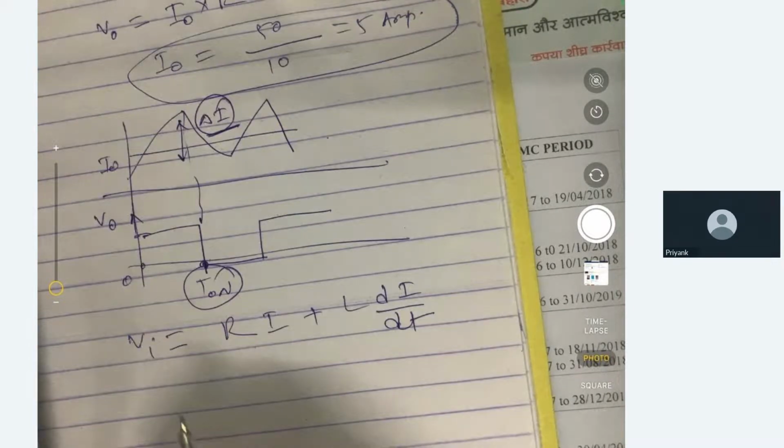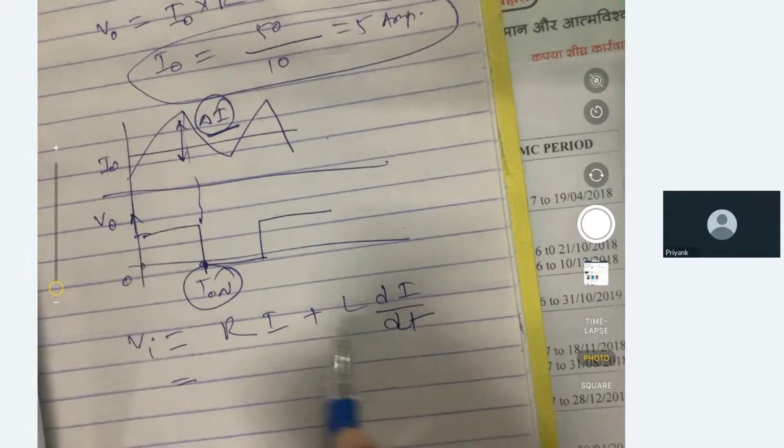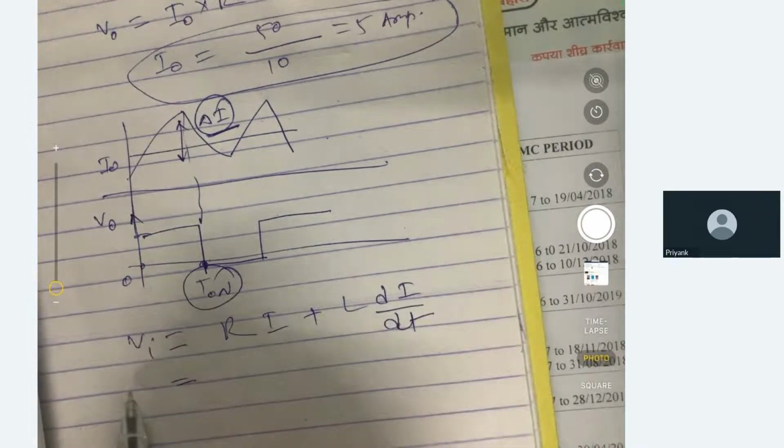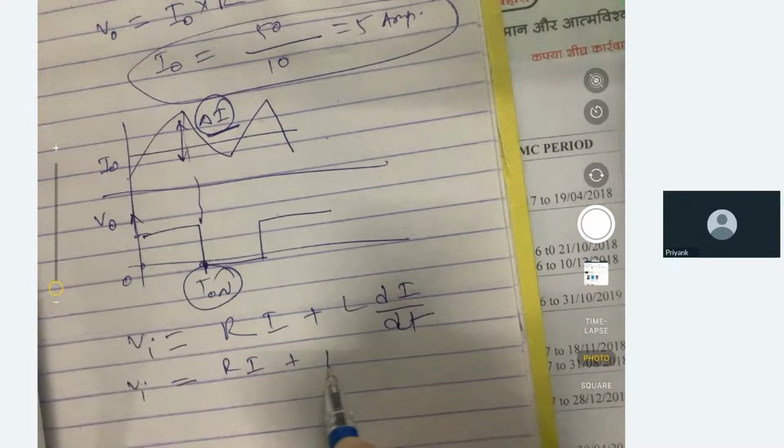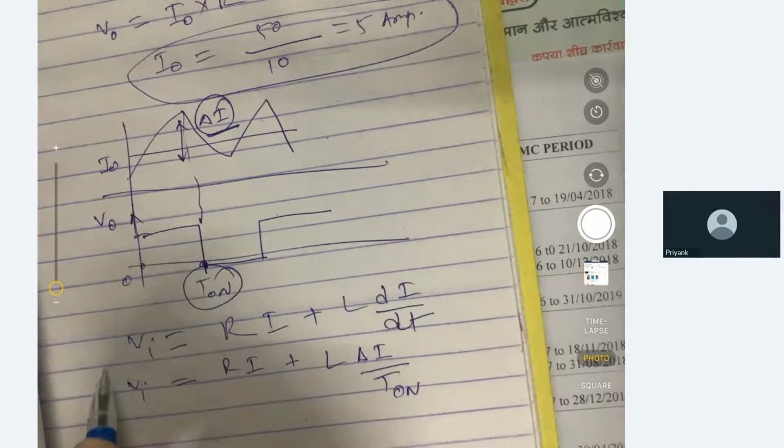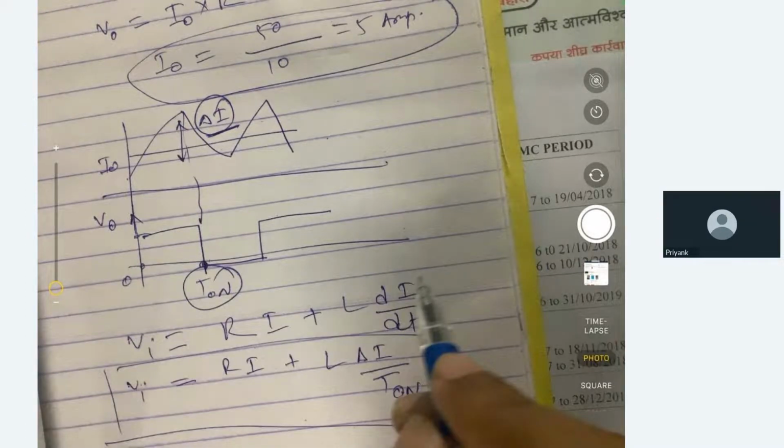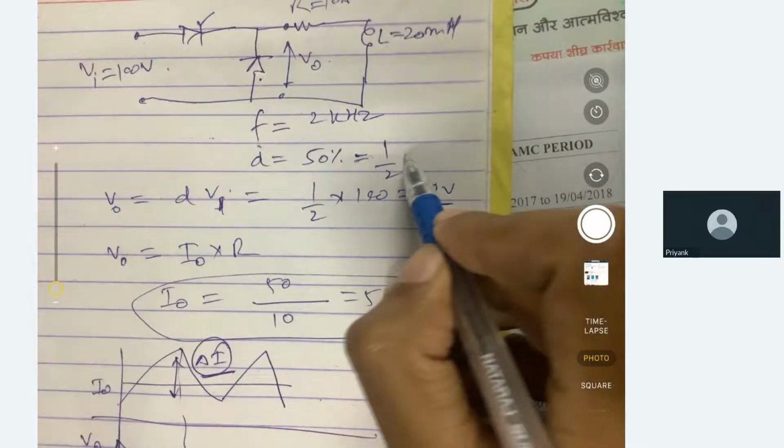So let us consider the on cycle. V in is equal to I R plus L delta I upon T on. Using this we can easily find T on, because T on we can find from alpha equal to T on upon T. Frequency is given, so T on can be found out.